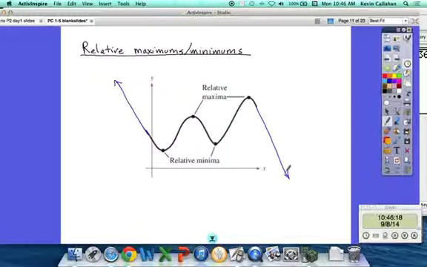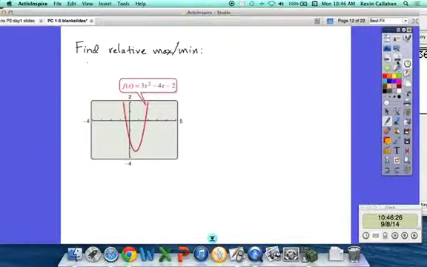Now there's one kind of function where we have algebraic means to find that. Do you know what that is? How about a parabola? What point is that on a parabola? What do you call it? It's the vertex. Didn't we have ways to find the vertex?